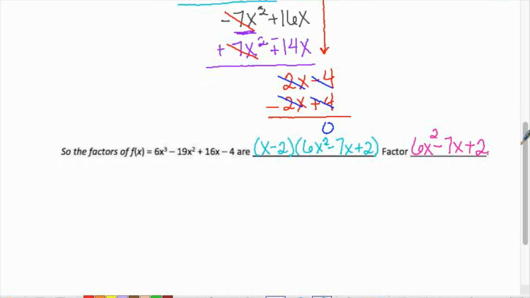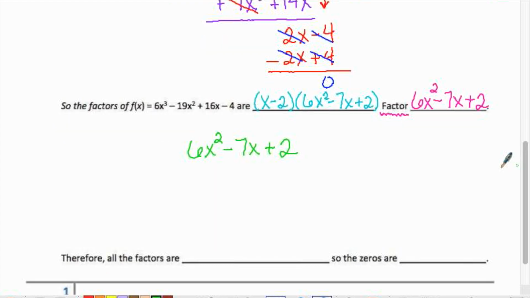Now, I can do that by more division if I know what to divide by. In this case, I really don't. So we know other ways to actually factor or divide these pieces up. And in this case, 6x squared minus 7x plus 2, we're just going to factor like normal, right? So we have our two sets of parentheses.